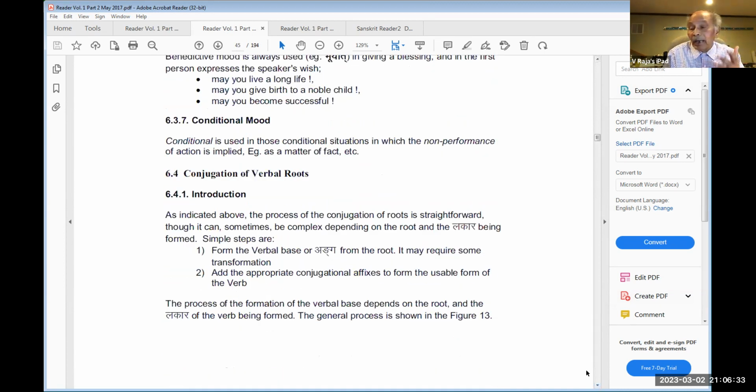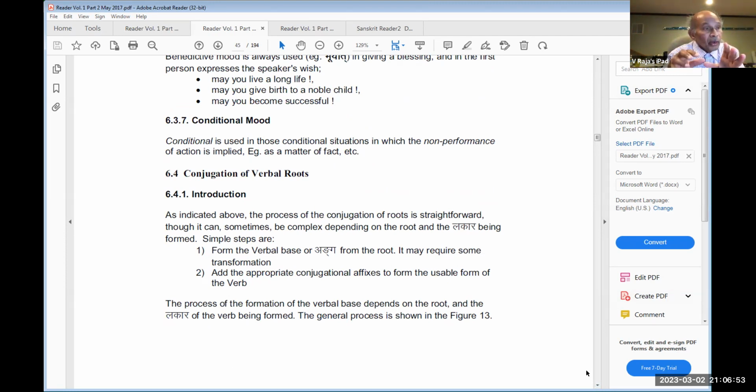How do you derive a verb? Very quickly. You take a root, a dhatu, and 13 of these roots are modified in those 4 lakaras. I'm going to give you the table to show you.